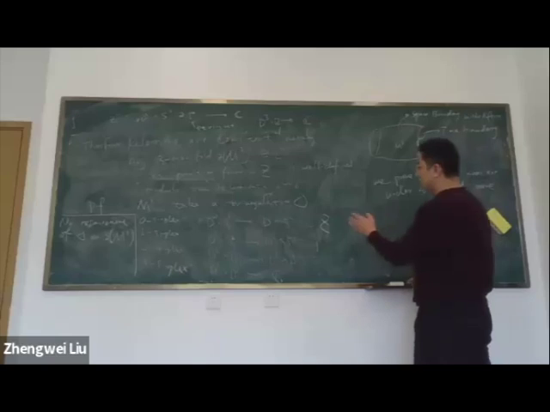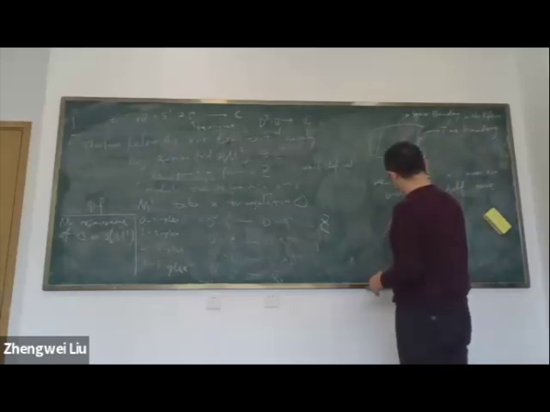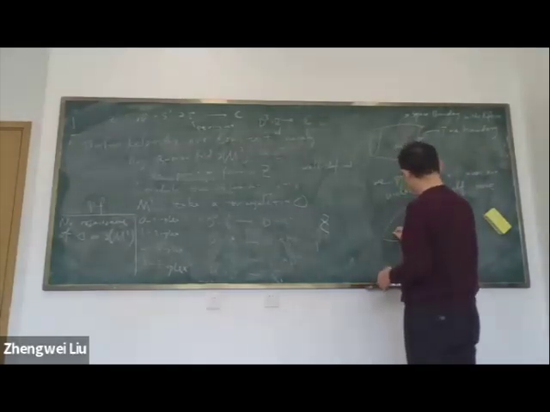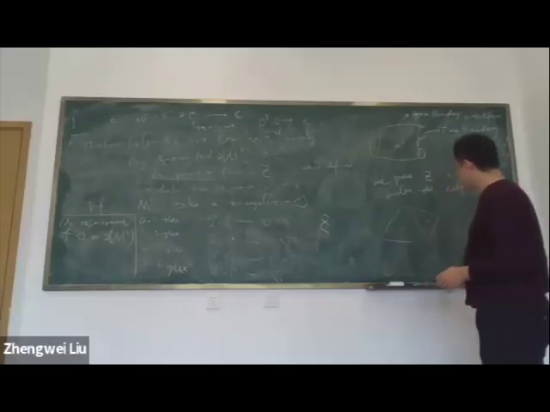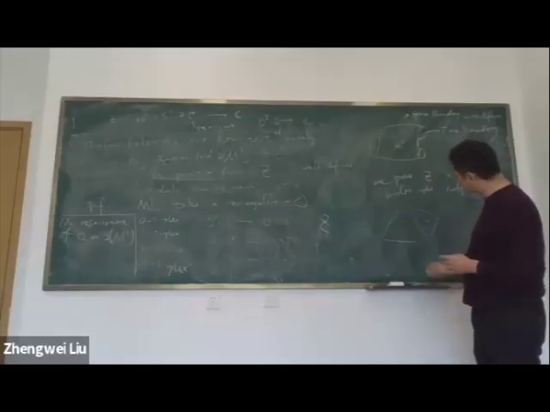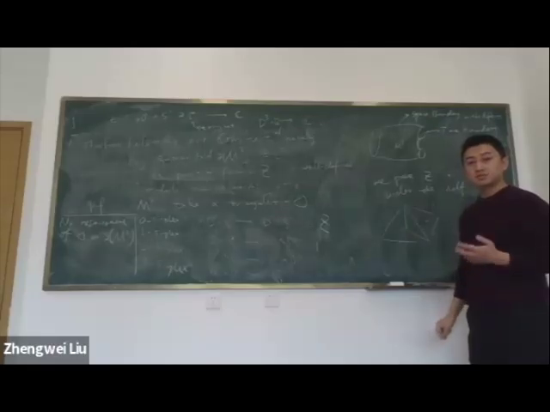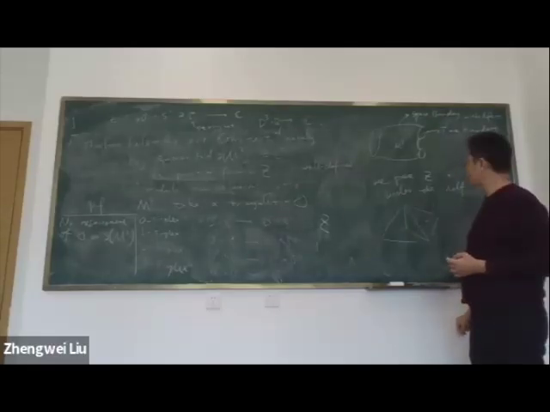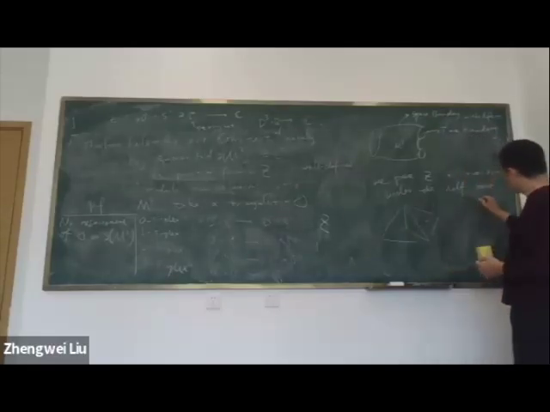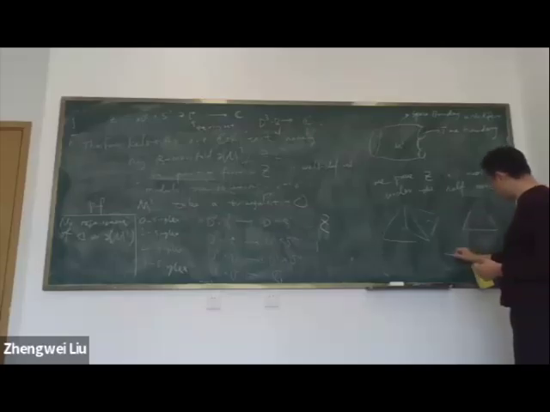That means in the triangulation, we have simplices. A half move means we can cut a simplex, like a three-simplex, into two pieces. Okay, that's a move. We can also cut a two-simplex into two of them, or a one-simplex into two of them. And this is a half move.